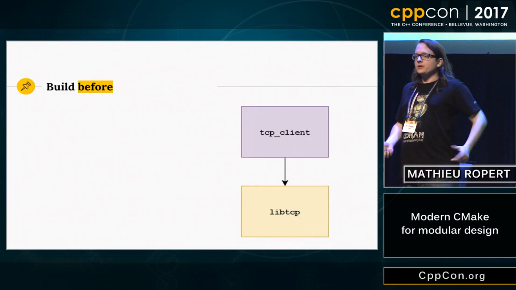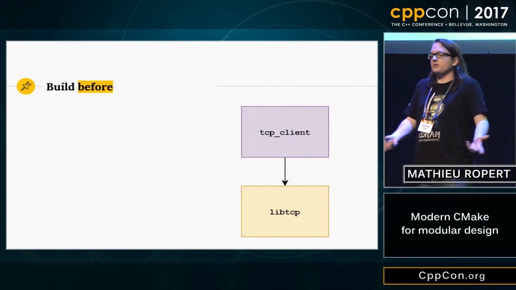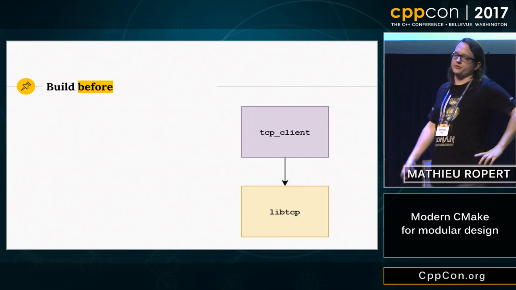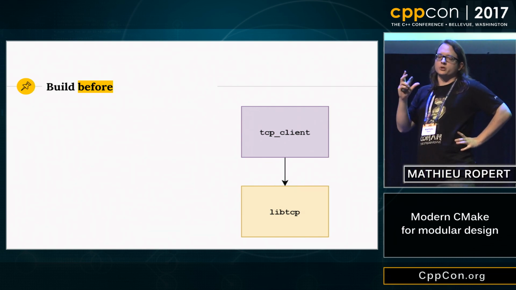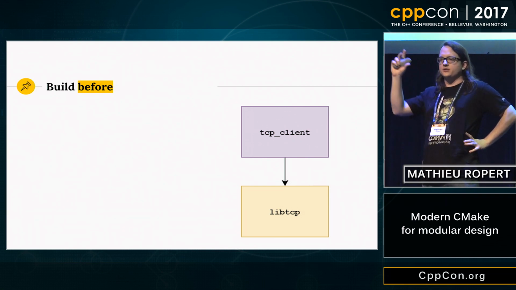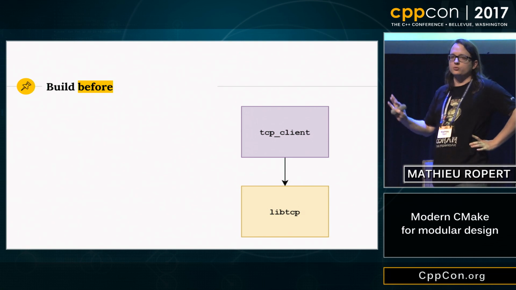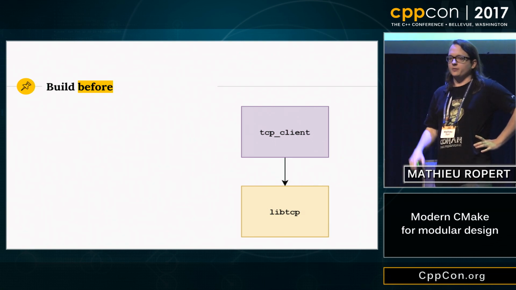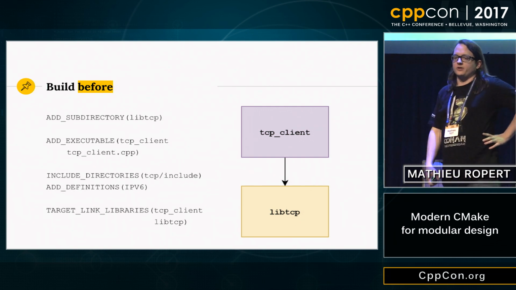So if you come back to CMake, what will happen? What happens today in most projects, in what I call not so modern CMake? If I try to build, I don't know, a small project with just a TCP client and its own TCP library. Very simple, one library and one executable. That's it. Well, what do you think of that?